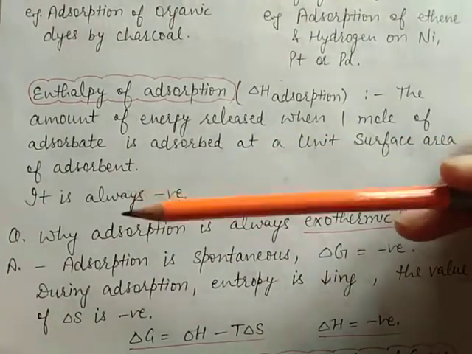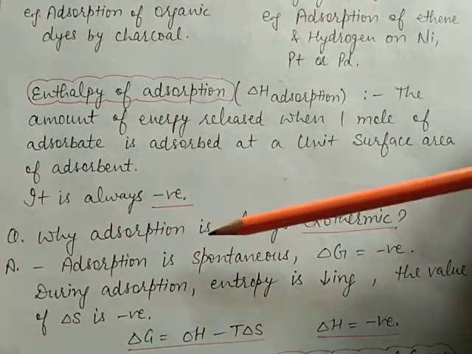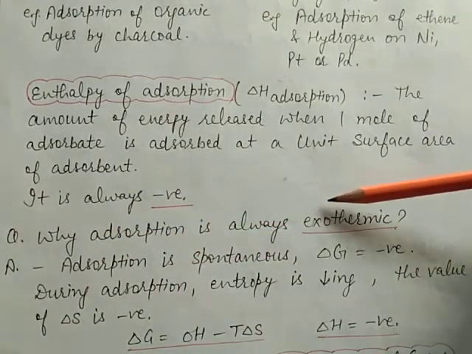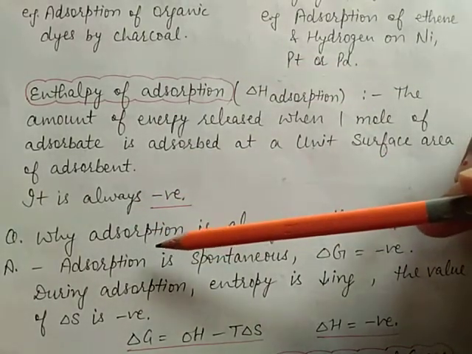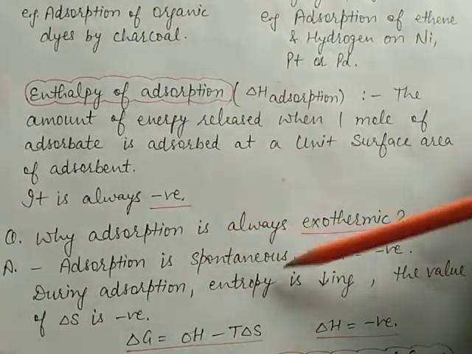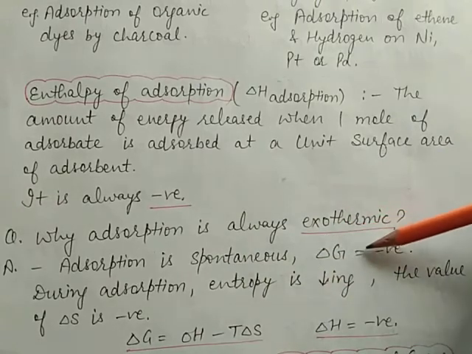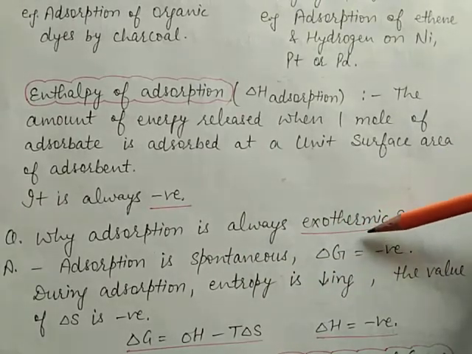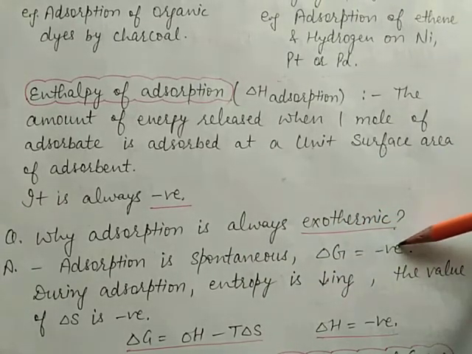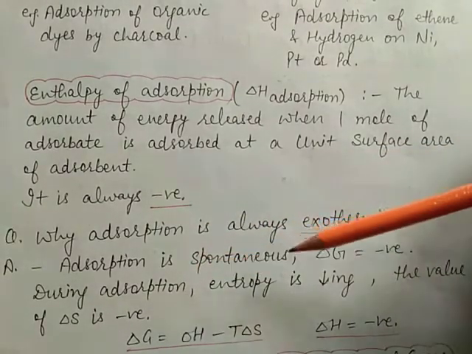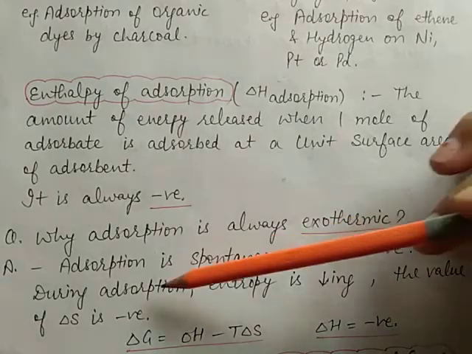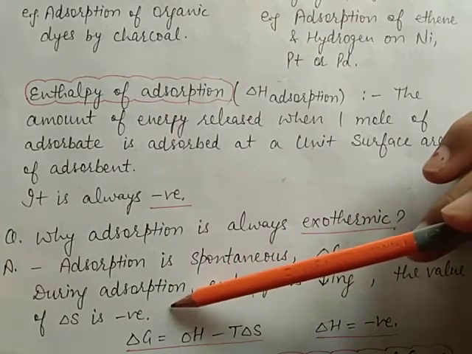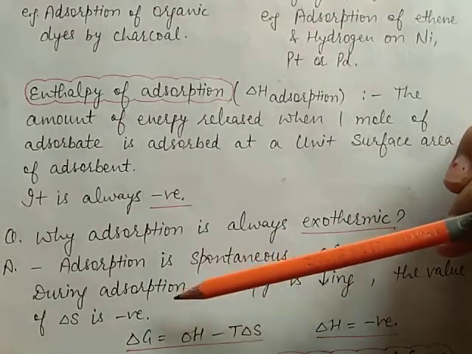Then one more question arises: why is adsorption always exothermic? Because adsorption is a spontaneous process. It means delta G, the free energy change, is negative. During adsorption, entropy decreases, so the value of delta S is negative.